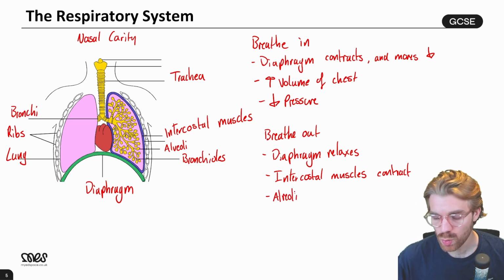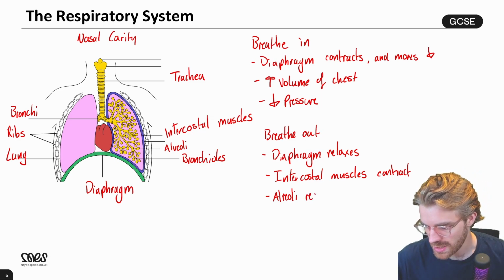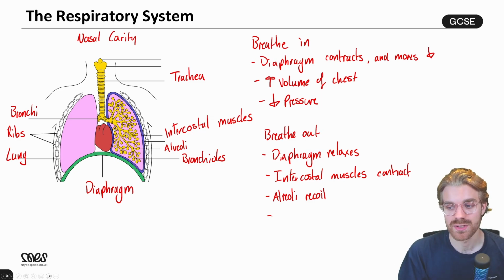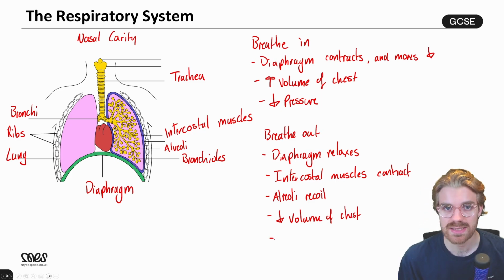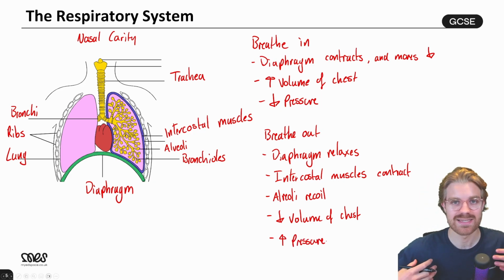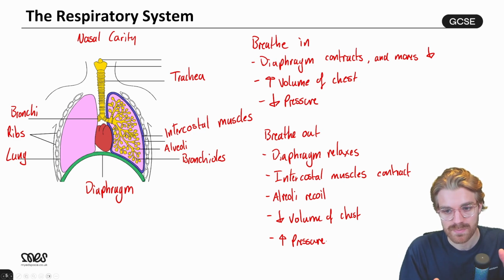And that elastic wall is going to recoil, a bit like an elastic band. So the alveoli recoil. All of this together is going to decrease the volume. And if the volume of the chest decreases, well, then the pressure increases. And the air is then going to leave out through the nasal cavity.